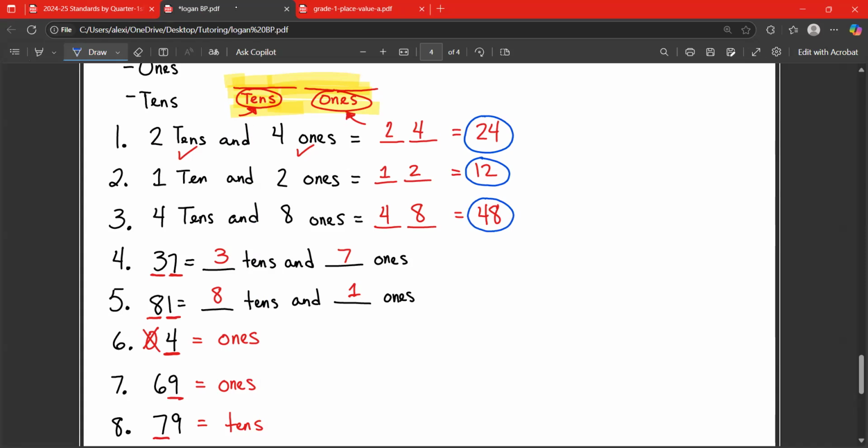And then we can reverse it and go the other way. 37 is the same as saying three tens and seven ones. Why is that? Because we see the 3 is on the left and the 7 is on the right. 81 is the same as saying eight tens and one one. That's because the 8 is on the left and the 1 is on the right.